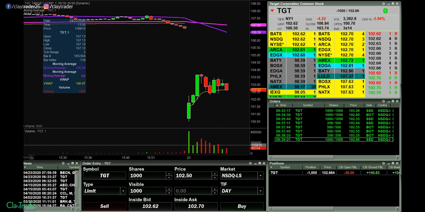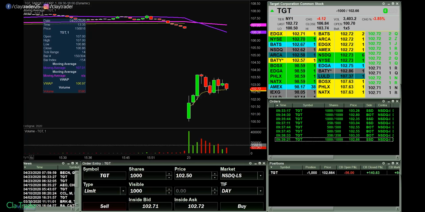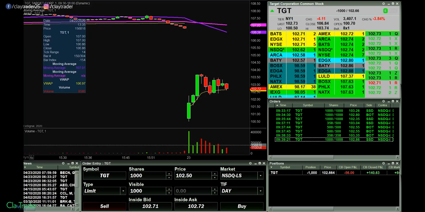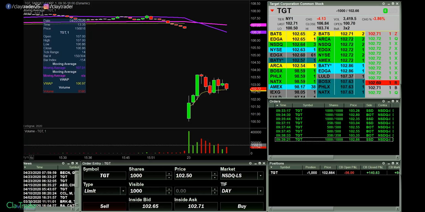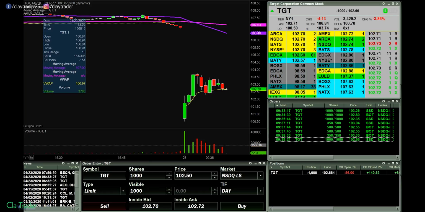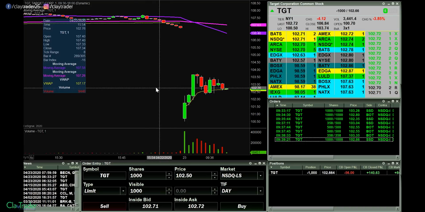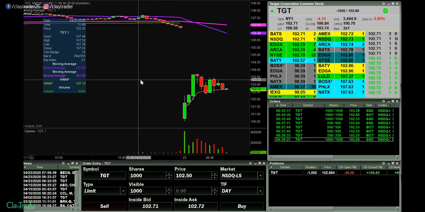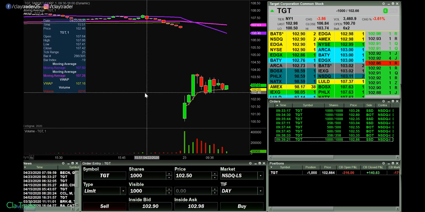Especially if the market starts to pull back here, which it looks like it might. That is going to help out the trade quite a bit. So yeah, let's see if this thing can get down below 102.50.